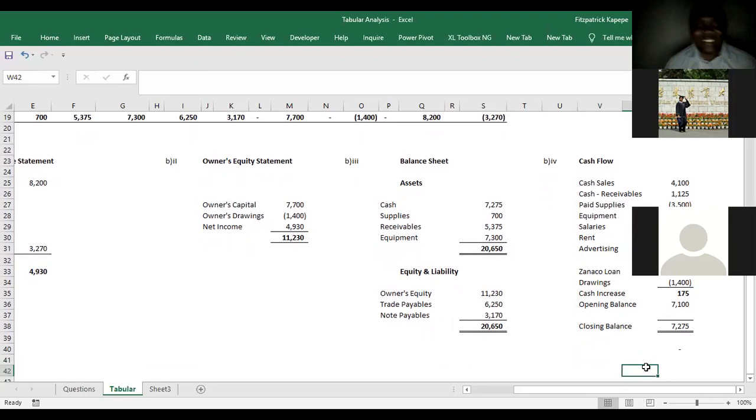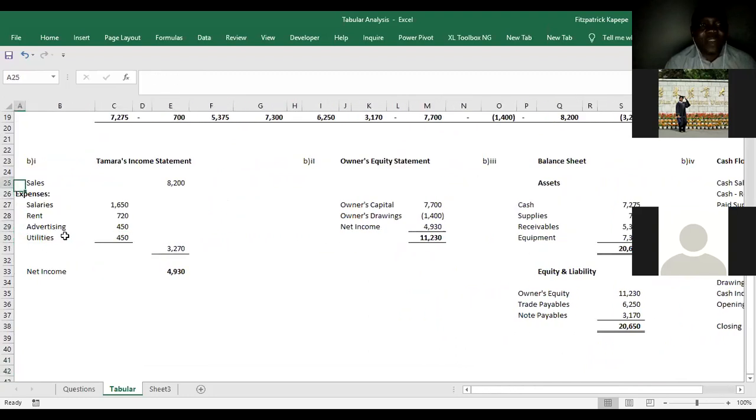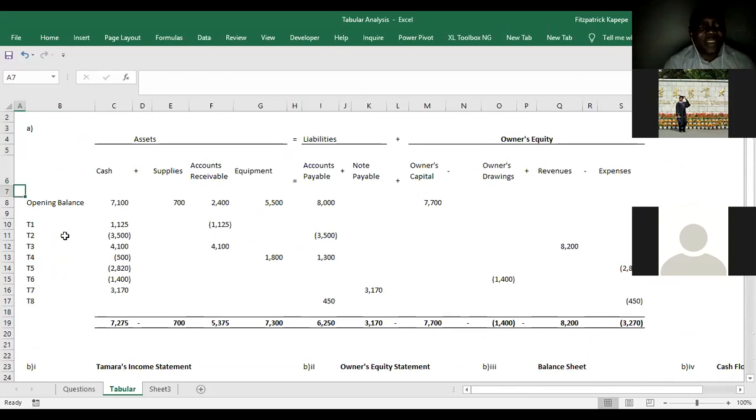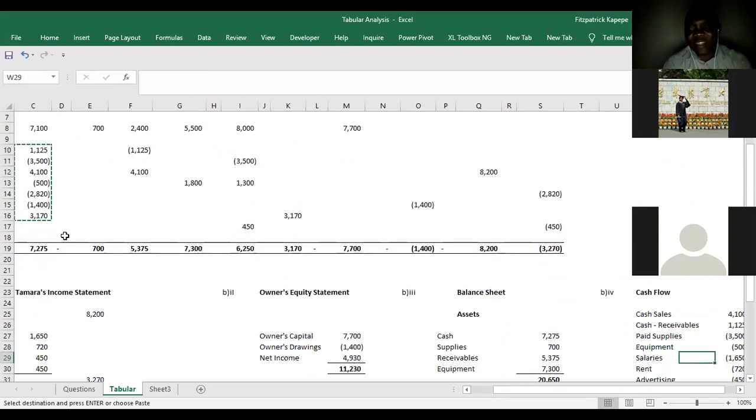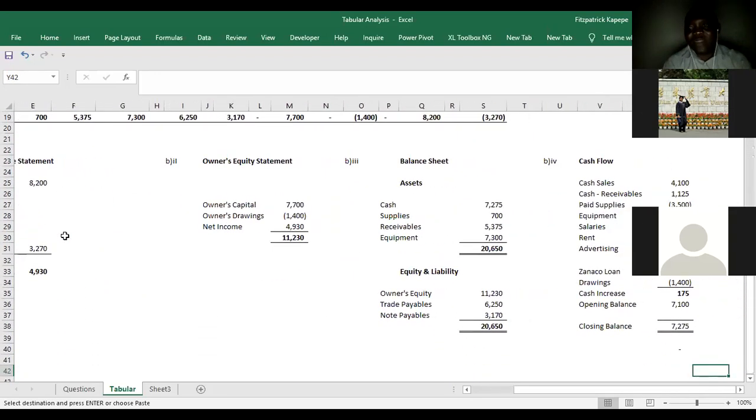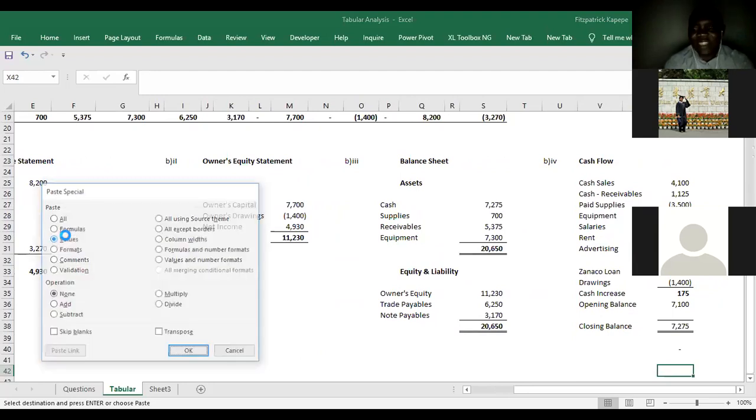So what secret is this? How do you do your cash flow? You know what you do? You just do it without thinking first. All you do, you pick for these transactions, per cash, you pick them. Then now you start putting the descriptions. You pick them like this. If there are those that you need to expand, you can expand them. Then you just bring them up without thinking.